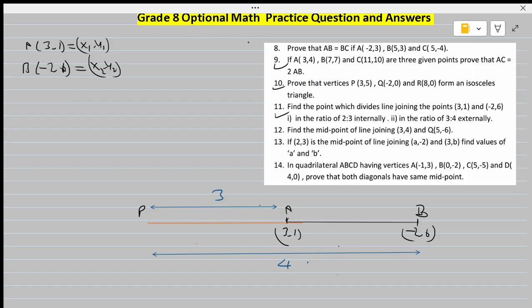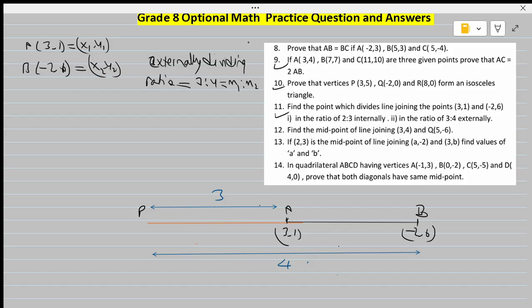Now the externally dividing ratio that is given to us is 3:4, and this we say is m1 is to m2.